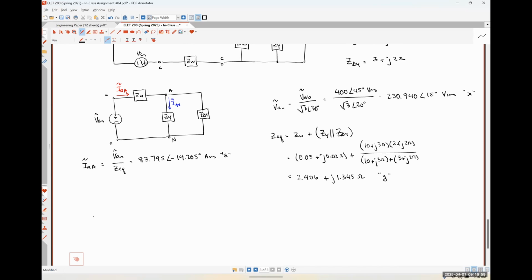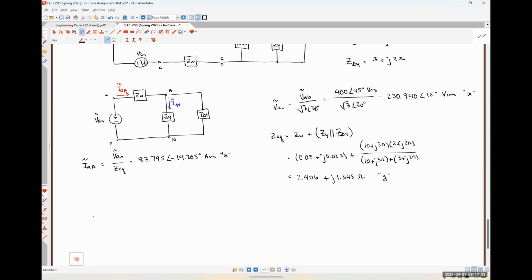So, knowing that current IAA and knowing the voltage V lowercase a lowercase n, how could we then determine I uppercase A uppercase N? Or can we do the current division for that? We absolutely could, yeah.